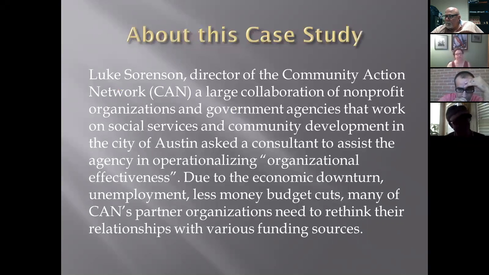And what he did was he asked a consultant friend to assist the agency in operationalizing organizational effectiveness. Now, due to the economic downturn, less money coming in, and also an increase in budget cuts, many of CAN's partner organizations needed to rethink their relationship with various funding sources.